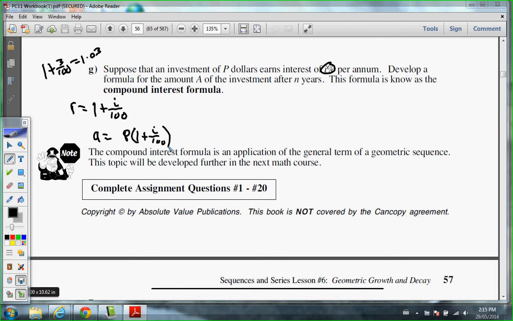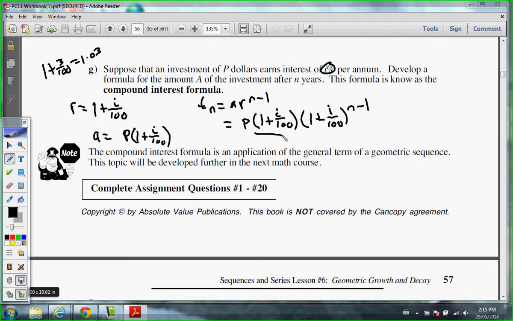And then we go to our formula and plug this stuff in. It'll give us a compound interest formula that's commonly used. So it's going to be equal to principal times 1 plus i over 100, times 1 plus i over 100 to the n minus 1.